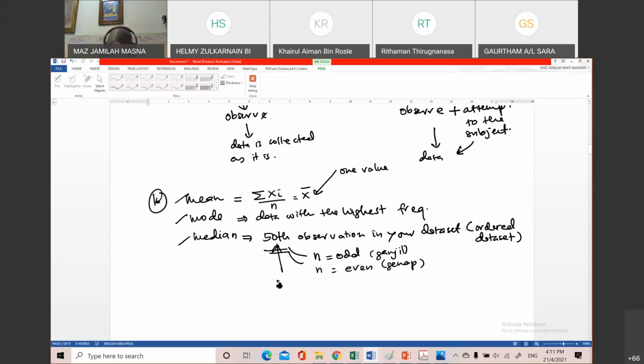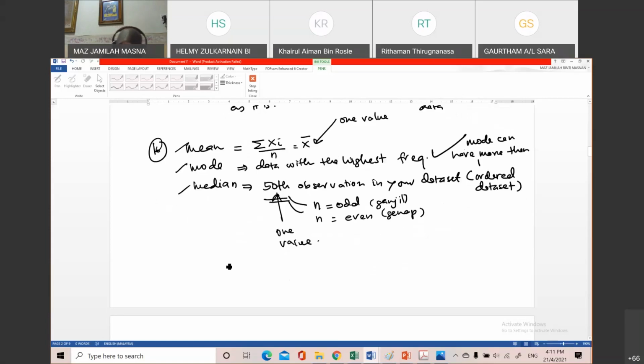Yes. It could have two with the same highest frequency. Mode can have more than one. For example, if you are talking about 2, 2, 2, 3, 3, 5, 5, 6, 6, 7, 7, 7. So here, what is your mode?